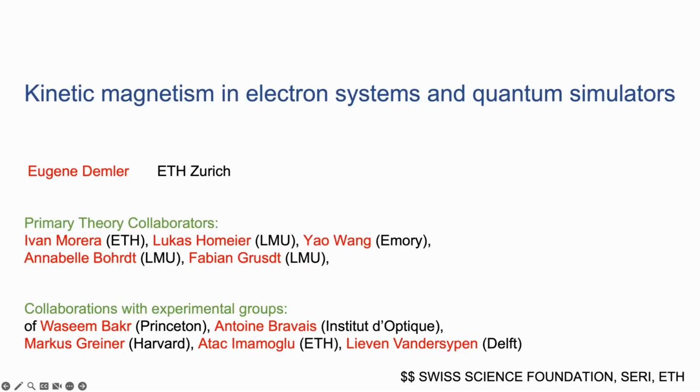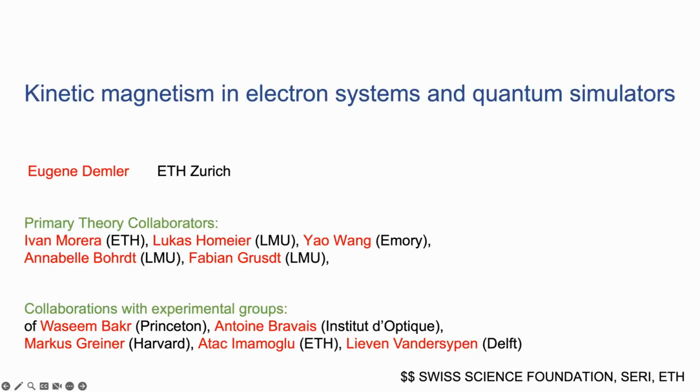And I want to begin by acknowledging people who did all the real work here. So the main credit should go to Ivan Marrera and Lukas Homeyer. And it also builds on the earlier work which we have done with Yao, Annabelle, and Fabian. What made this work particularly exciting is collaboration with our experimental colleagues.